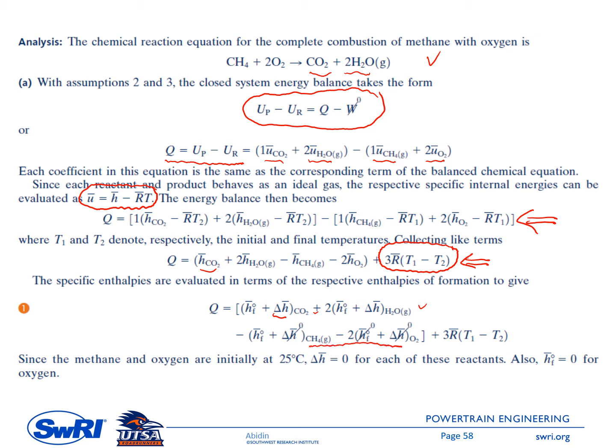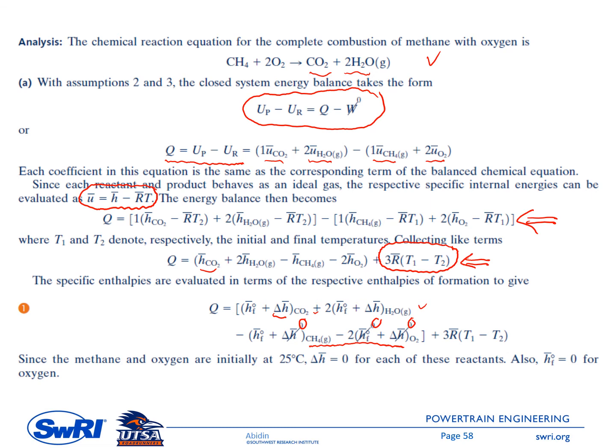So you have methane and oxygen. And then the methane and oxygen initial states are at the reference state, so it means delta H equals 0 here. And then the enthalpy of formation for oxygen is 0, this one.